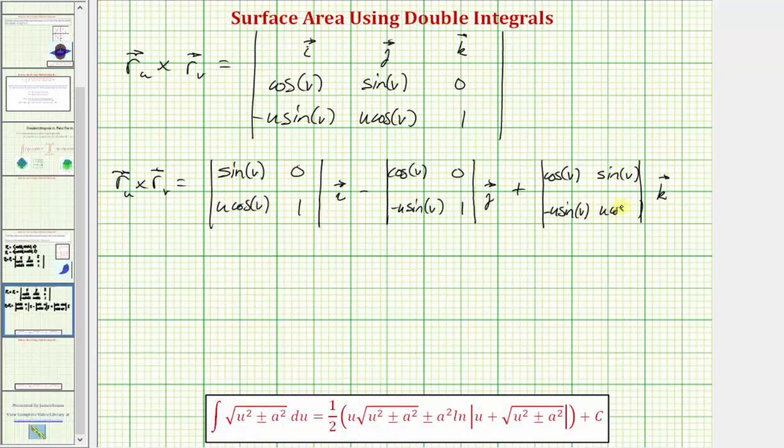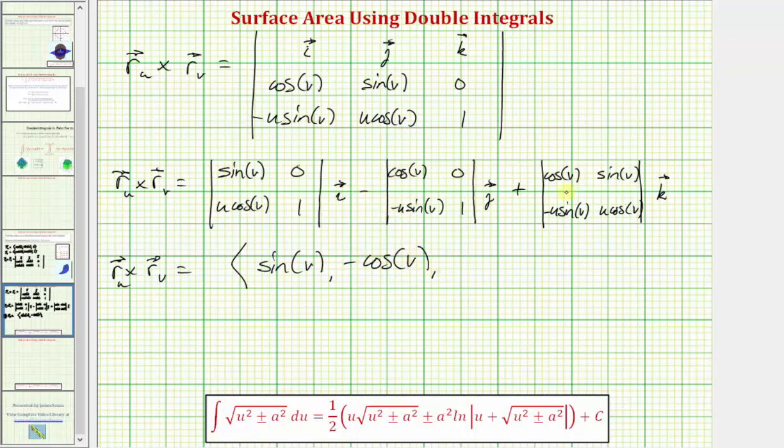Therefore, the x component is sine v times 1 minus 0 times u cosine v, which is sine v. For the y component, the determinant is equal to cosine v minus 0, that's cosine v, but because of the minus here, we have negative cosine v.